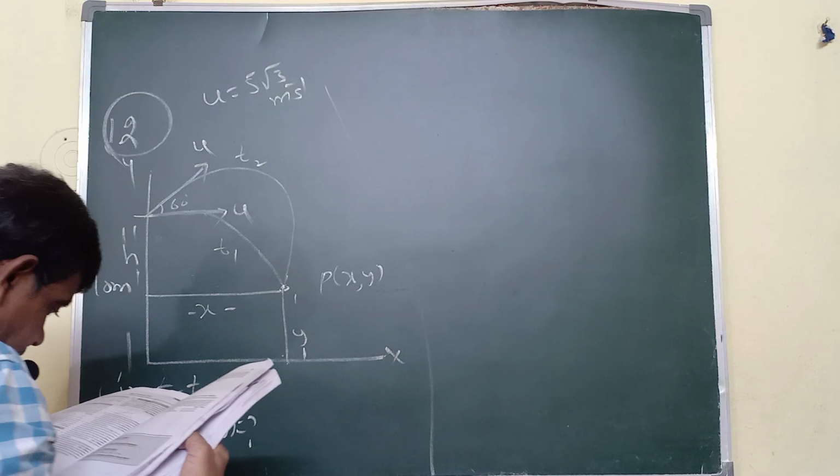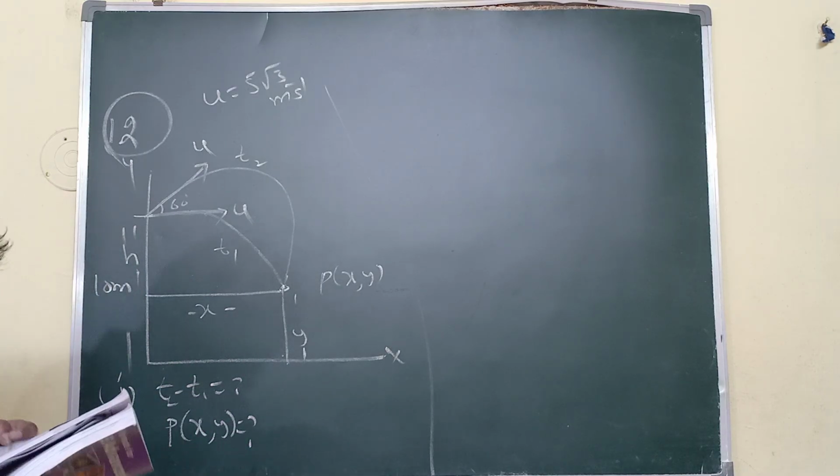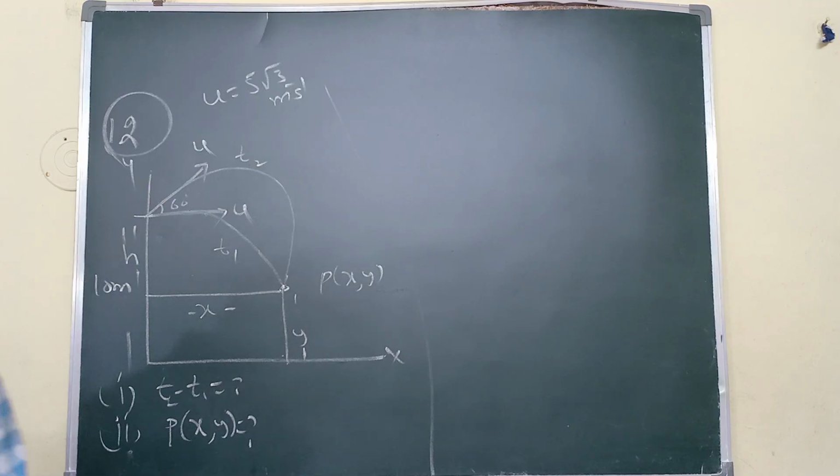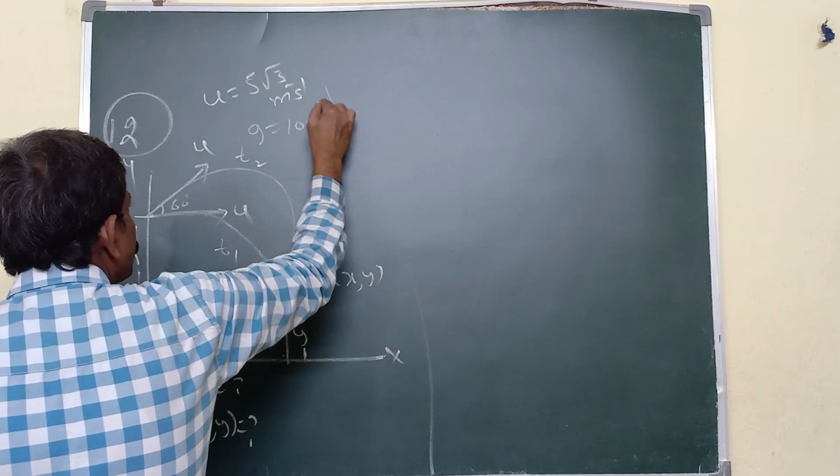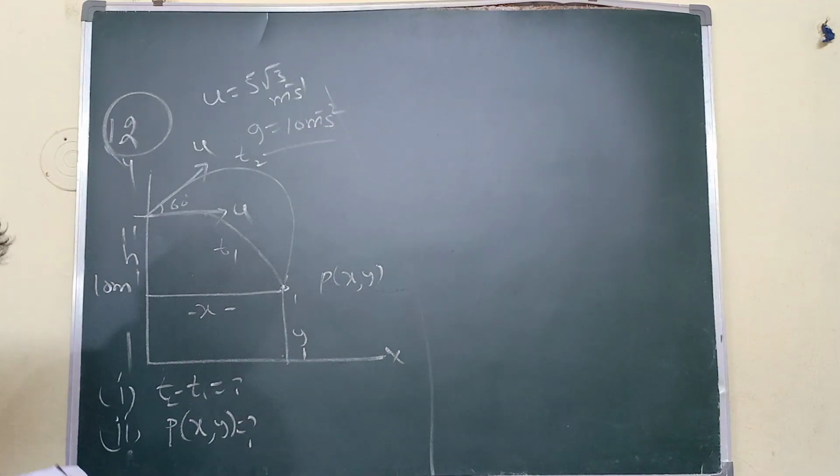He has not given any acceleration information, so you take g as 10 meter per second square. So this is our question.